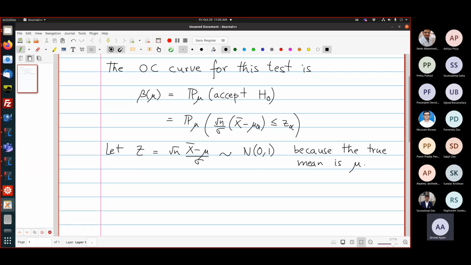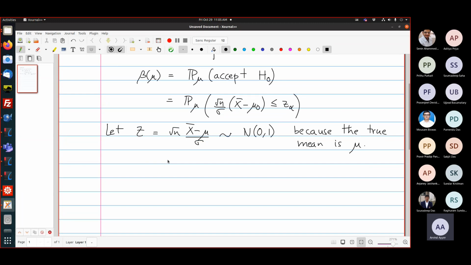Notice this is mu naught and this is mu. The only difference between this calculation and the two-sided OC curve is simply that we are not taking a mod and we are not having alpha by 2. Now I want mu instead of mu naught here, so I'll add and subtract mu.